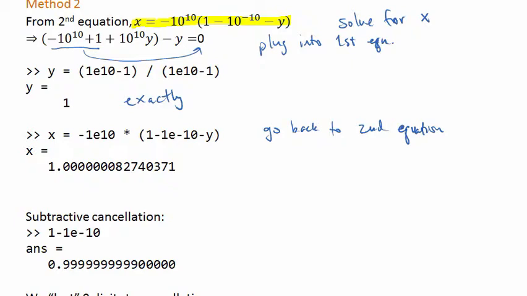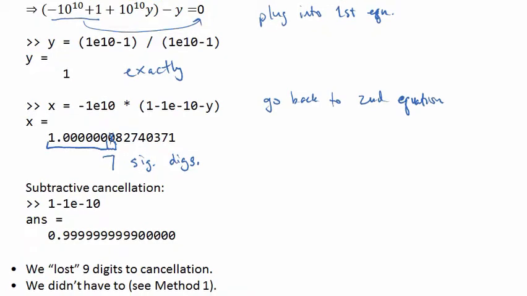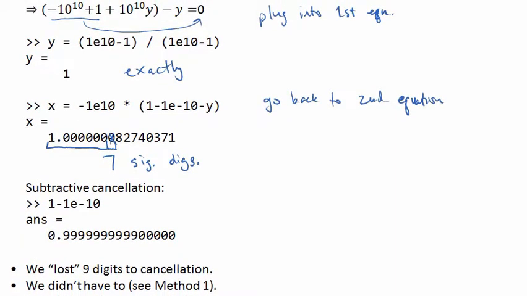Solve for x. That's what we had right here. Plug in the value of y that we know, and we don't exactly get 1 anymore. We only get 1 up to 1, 2, 3, 4, 5, 6, 7 significant digits. The reason isn't very hard to see. By now, we know what must be going on.